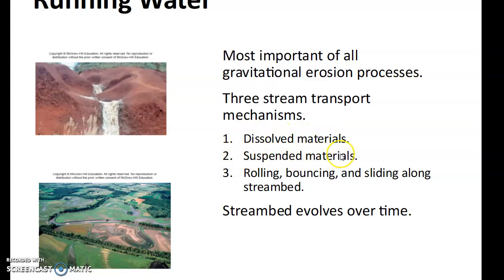Then there are suspended materials, which can be logs and other fairly large things when we have some of our very heavy thunderstorms here in Missouri. Rolling, bouncing, and sliding along the stream bed are different things as well. So you've got dissolved materials, suspended materials, and this is just the surface action that changes that stream bed over time.